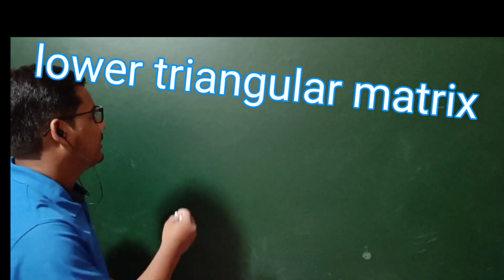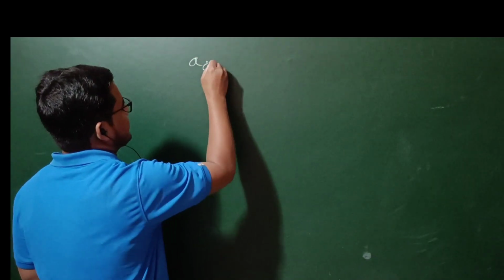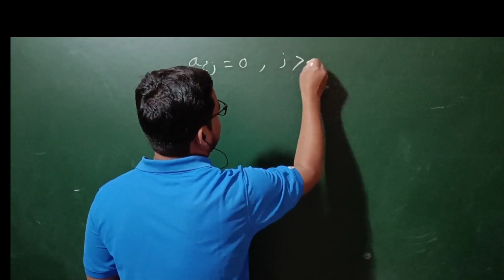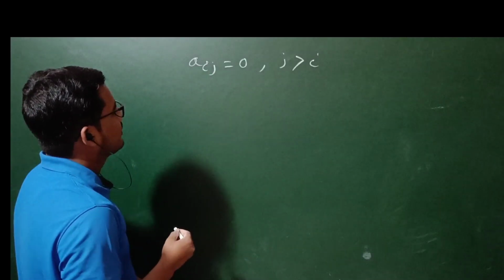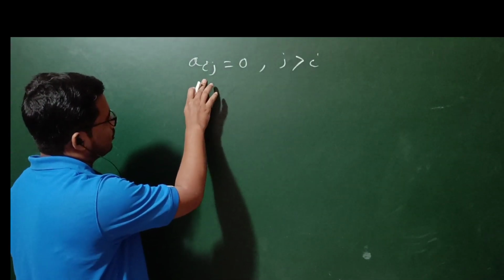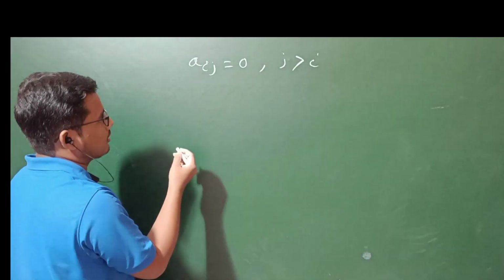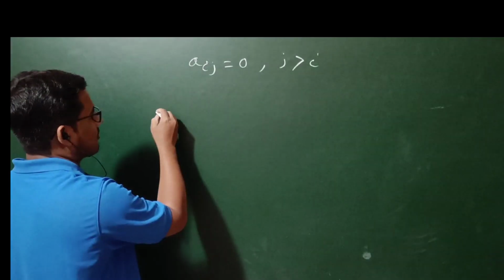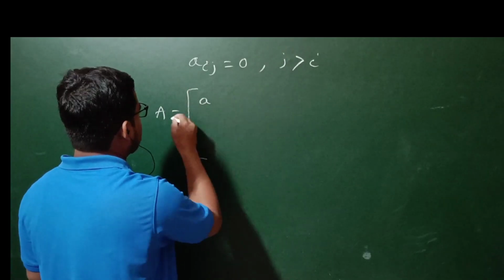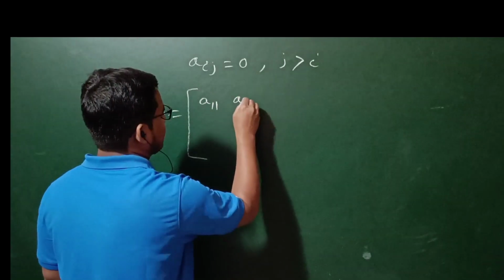Then the lower triangular matrix. Aij is equal to 0 for j greater than i. i is the row number, j is the column number. For example, A is a 3 by 3 matrix.